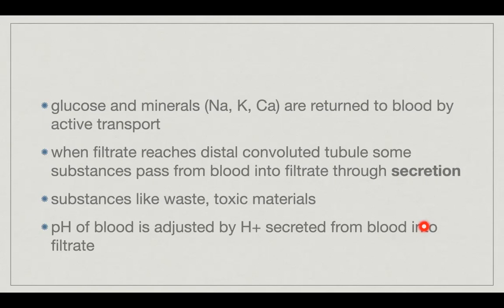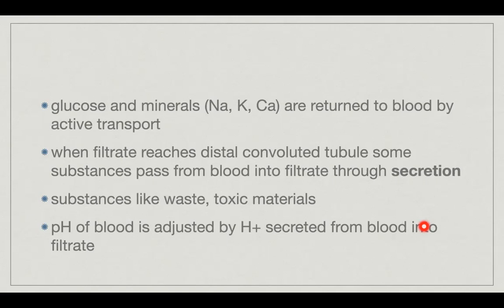So if your pH is too acidic, like for example, if you did some really seriously intense exercise and your muscles went into lactic acid fermentation, if you remember that from way back, feels like 10 years ago in grade 10, your muscle cells will go from aerobic respiration to anaerobic respiration. They will produce lactic acid, which is what makes your muscles sore.